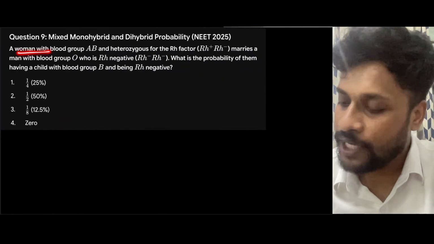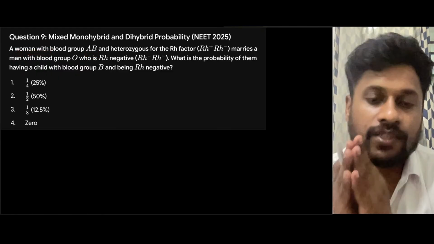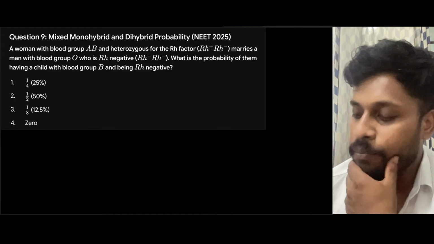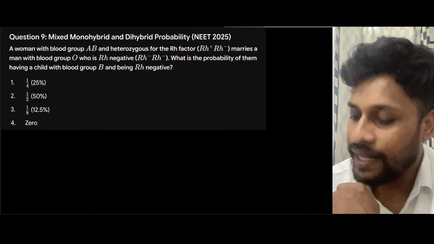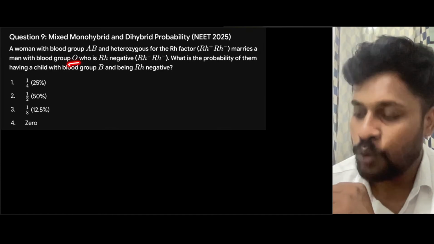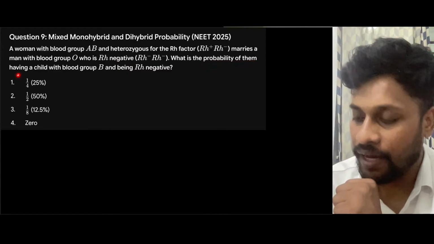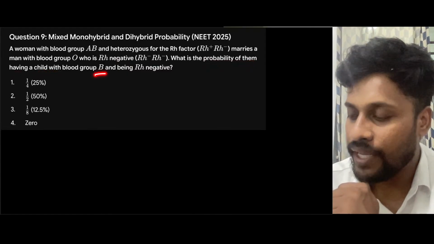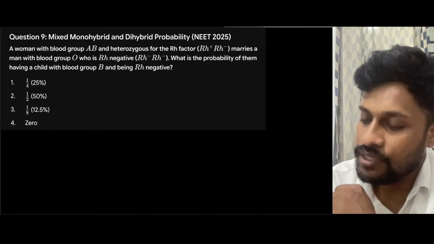A woman with blood group AB and heterozygous for RH factor, it's a very nice question, guys. A woman with blood group AB and heterozygous for RH factor marries a man with blood group O who is RH negative. What is the probability of them having a child with blood group B and being RH negative? Let me do this.